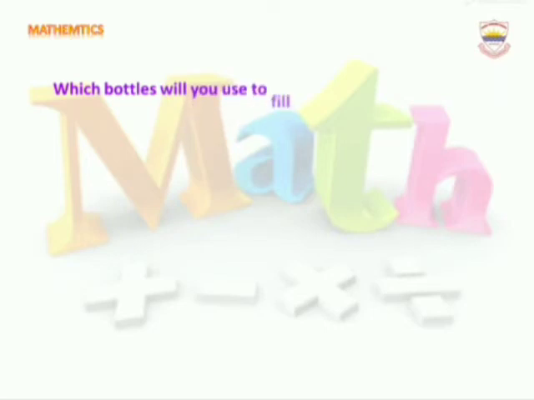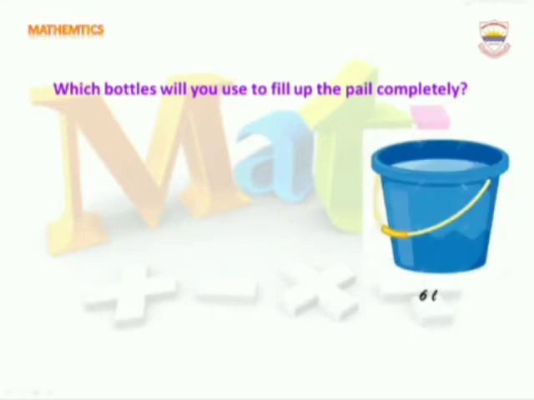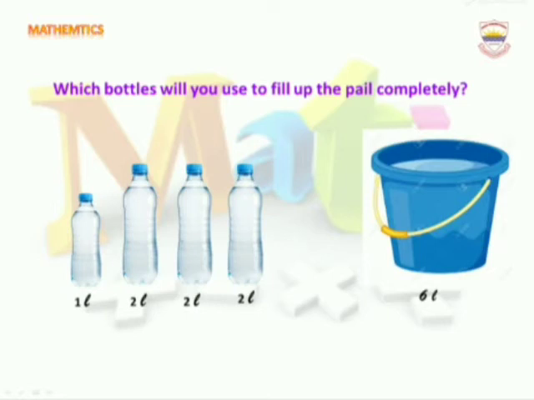Which bottle will you use to fill up the pail completely? This is a pail which contains 6 liters of water. We have different liter of water bottles: 1 liter, 2 liter, 2 liter, 2 liter, 2 liters.